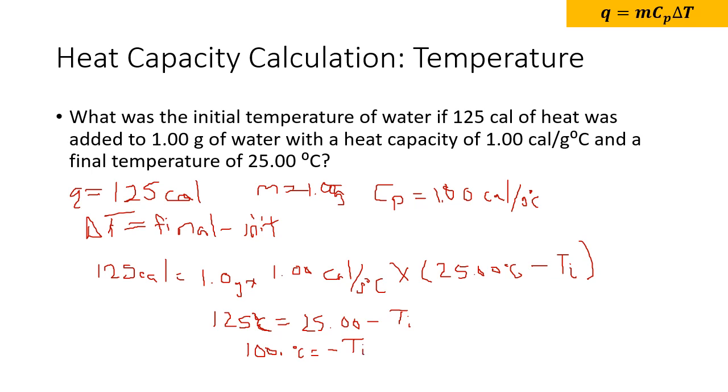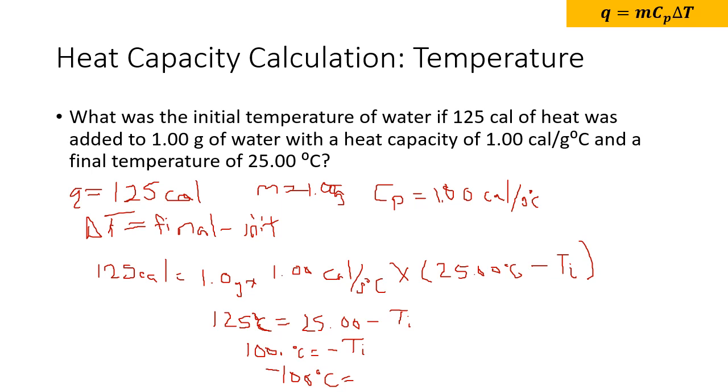And you may be thinking, but wait a second, it doesn't make any sense. How do we get a negative number? And the answer to that is you don't really. If you take the negative of both sides, you get negative 100 degrees Celsius, which is actually a thing that you can do. If we were in the absolute scale, this would make no sense, but we are not.